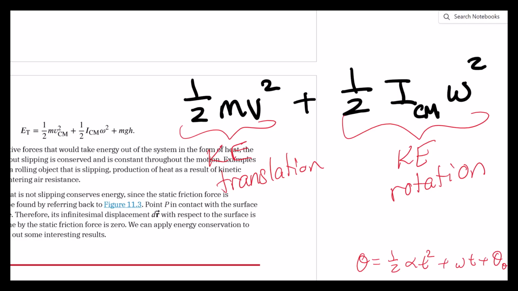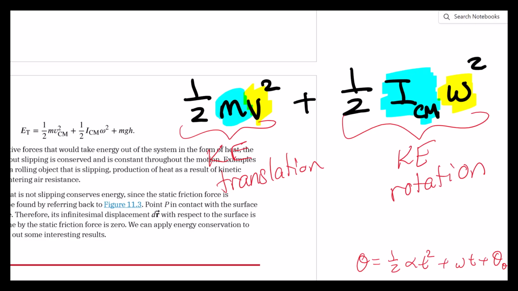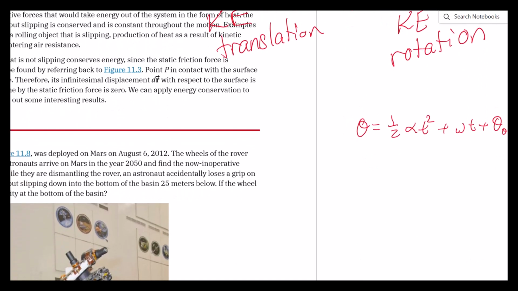Well, it turns out that we have these analogs to kinetic energy, and linear momentum and angular momentum all have these relationships that basically mean that mass is basically like mass moment of inertia, and that velocity is basically omega.